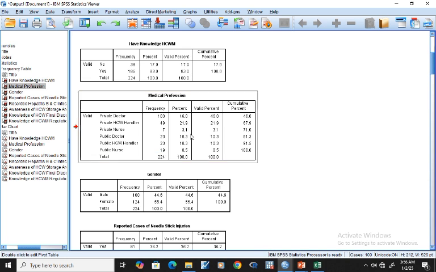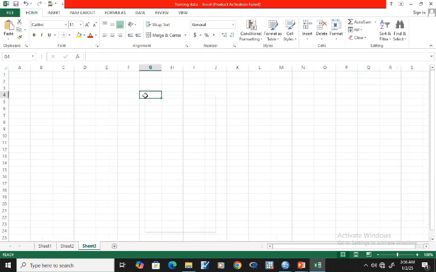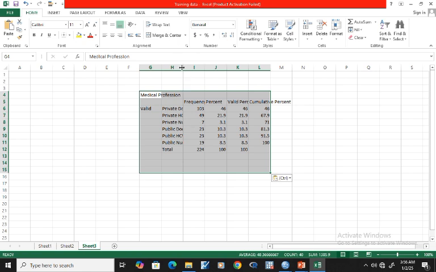So that is that, and you can copy this to your Excel file for editing. You can copy for you to edit.